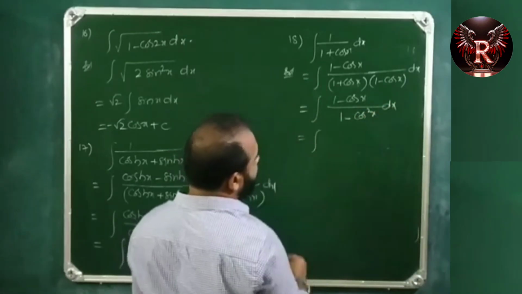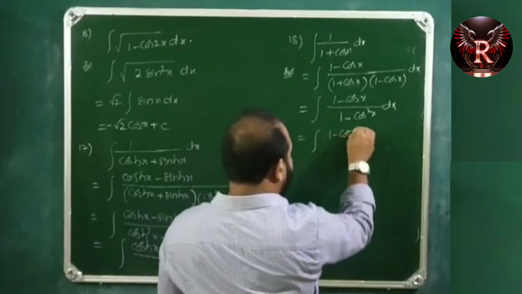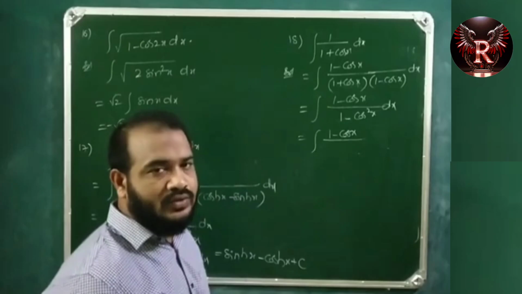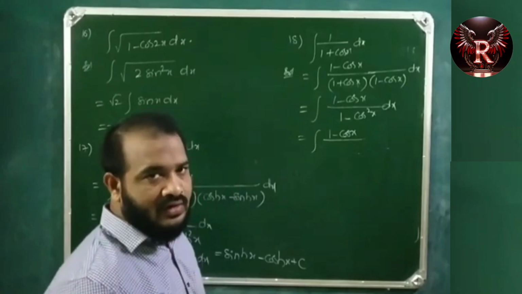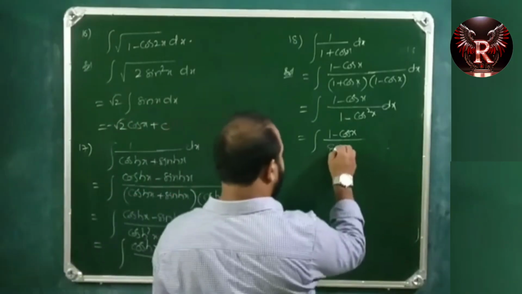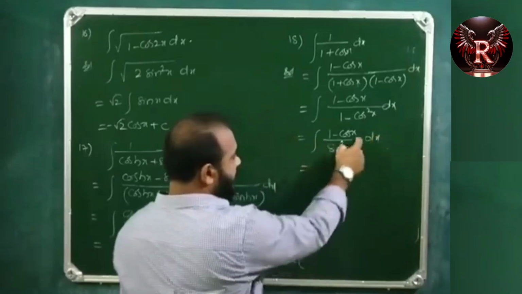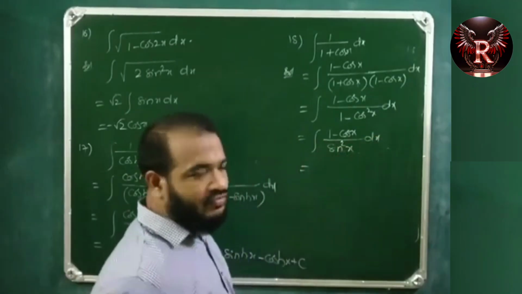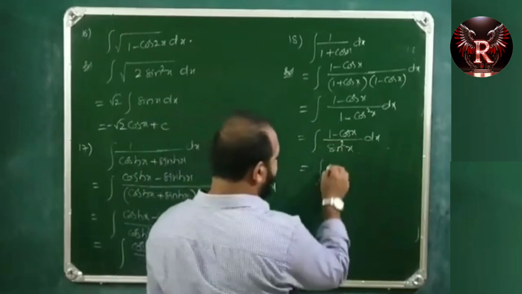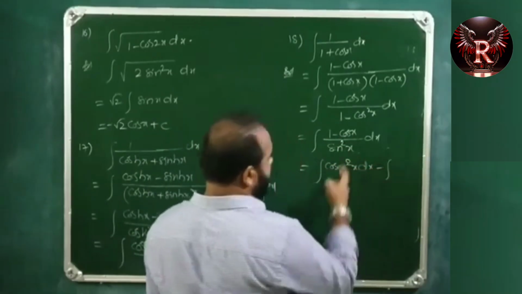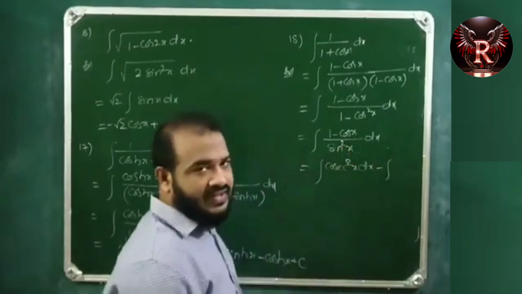So this is equal to 1 minus cos x by 1 minus cos square x. Sin square x plus cos square x is equal to 1, so 1 minus cos square x is sin square x dx. So this is a minus b by c, a by c minus b by c. 1 by sin square x is cosecant square x dx minus cos by sin is cot, 1 by sin is cosecant.